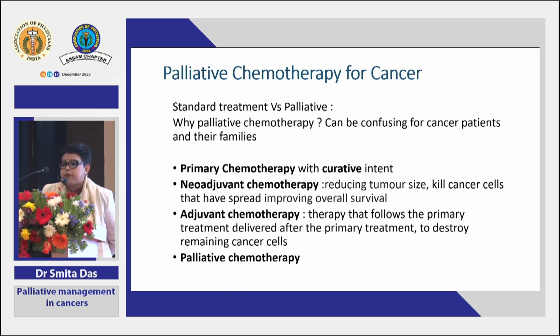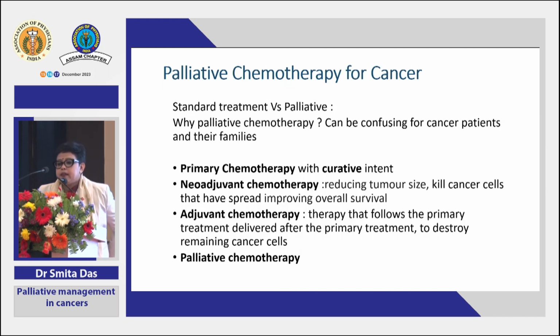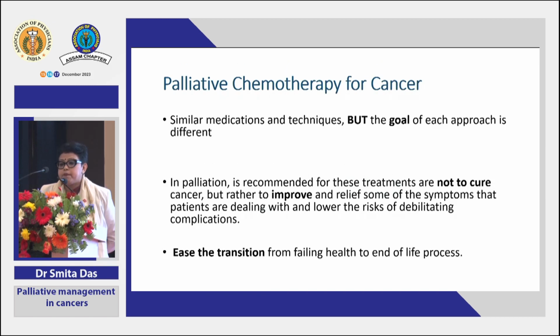When the patient asks why I should be receiving palliative chemotherapy, we must know that palliative chemotherapy is the same medication as the primary chemotherapy itself, but with a slight modification in the combination as well as dose modification. And the goal of each approach is different. It is not to cure the cancer, but to improve it.